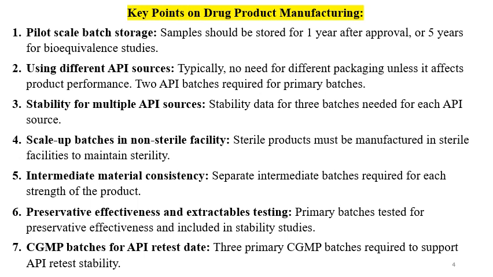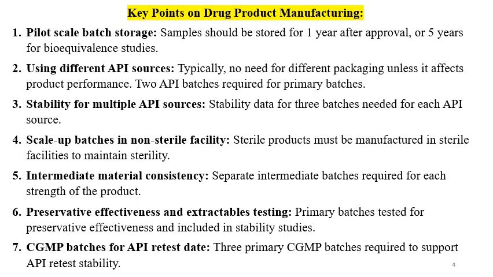Using different API sources. Typically, there is no need for using different API sources, but if the 3 batches are required to be made with different packaging materials, there is typically no need for different packaging unless it affects product performance.